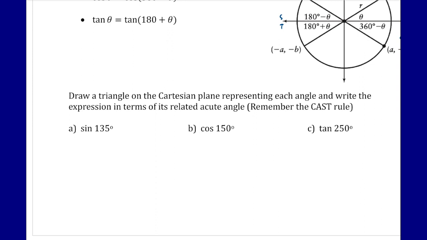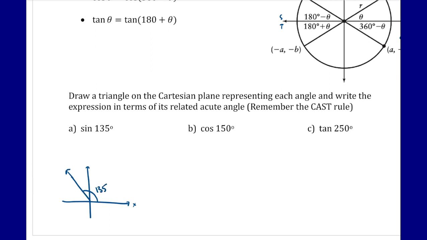And we want to remember the CAST rule. So we're going to draw a quick quadrant. Sine of 135. So always start on the x-axis, and we work counterclockwise.